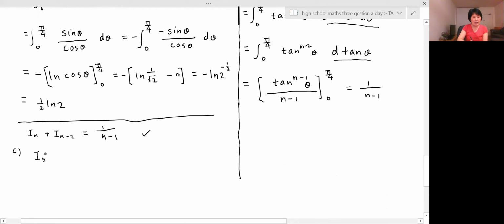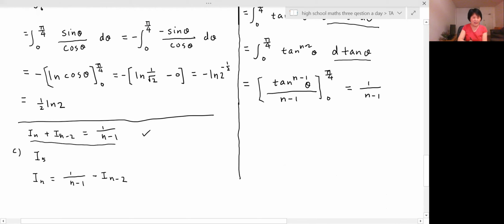Okay, so this I5, need to find, okay. So now from here, In equal to 1 on n minus 1 minus In minus 2. We already proved this one.